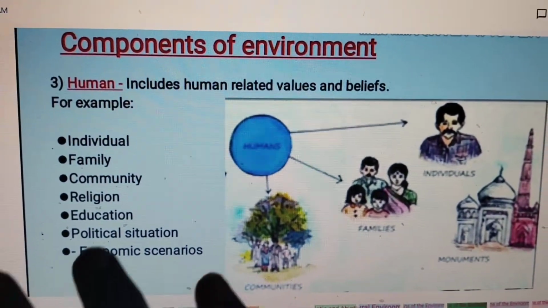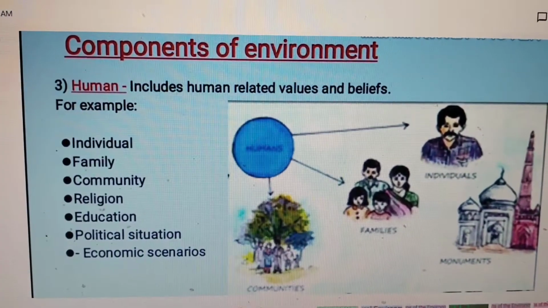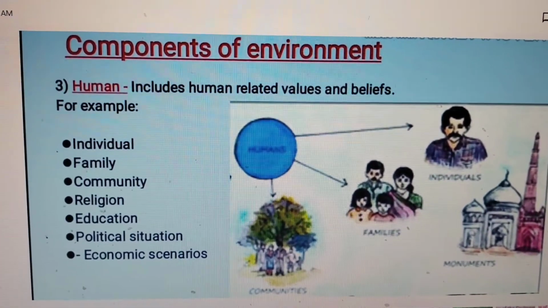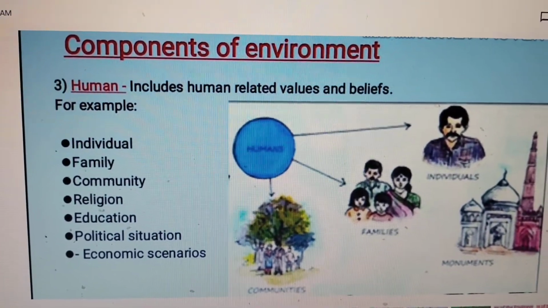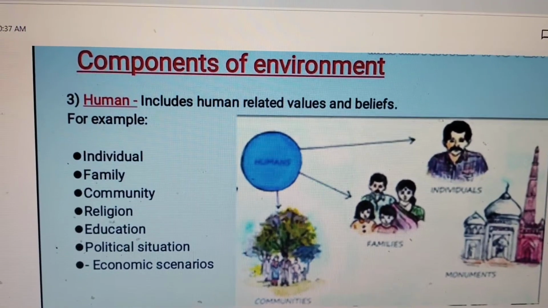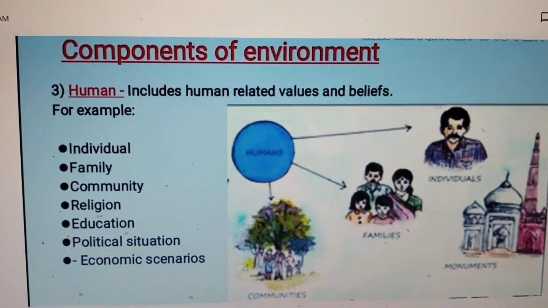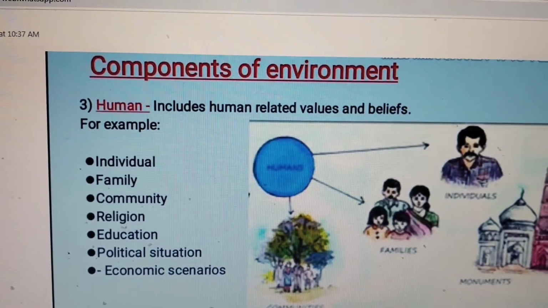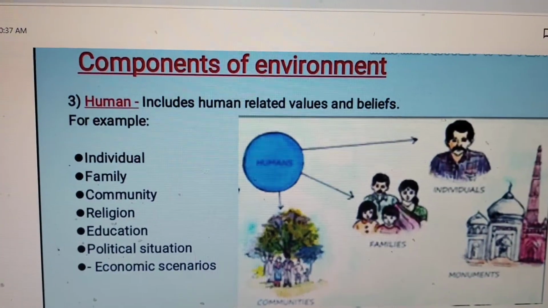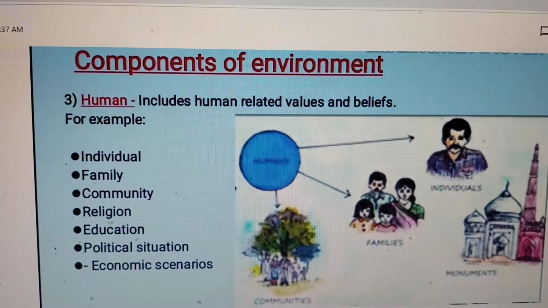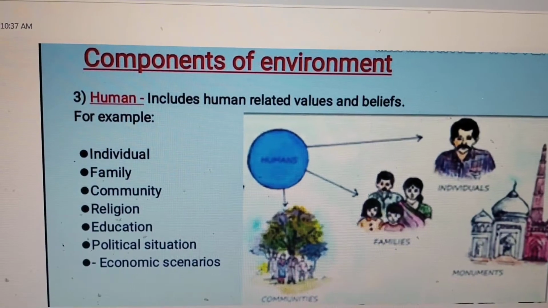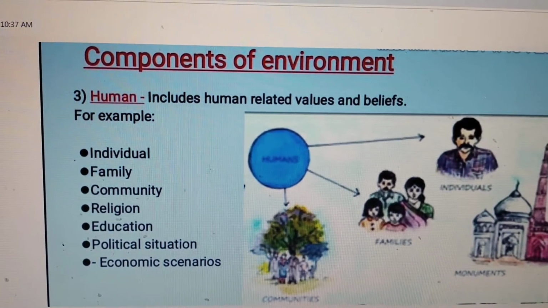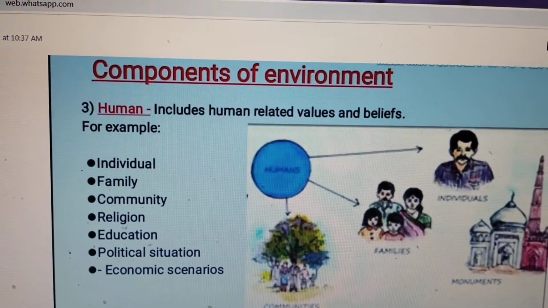Here it includes all the human related values and beliefs, like some persons will be living individually, and some persons will be living as a family. In the family itself, they'll be living in a joint family, nuclear family, like that, right? And there will be several communities. They divide themselves by religion and education level, like some may have educated more and some less.